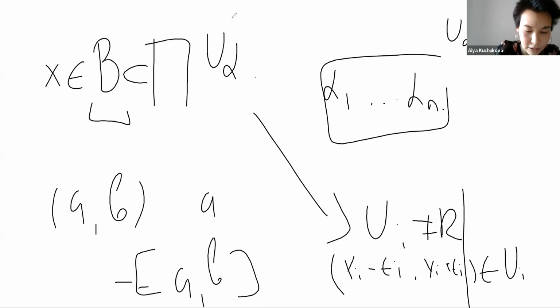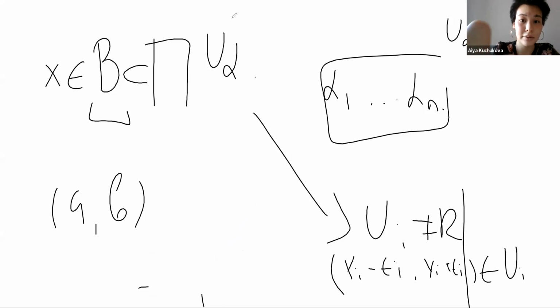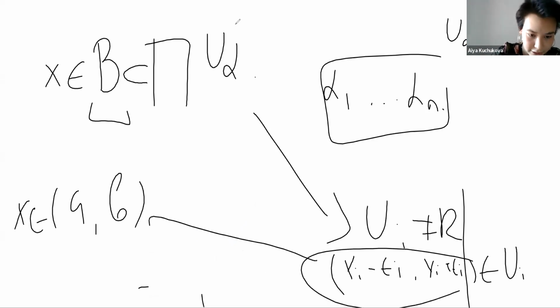Because if a equals x, whenever we go to a minus epsilon, it's always outside of the interval, which is bad, and we don't want that. But we're happy because U_i is open, which means that whenever we take x, it's not a or b. It means we can always find something small enough to fit into (a, b), which lies in here.